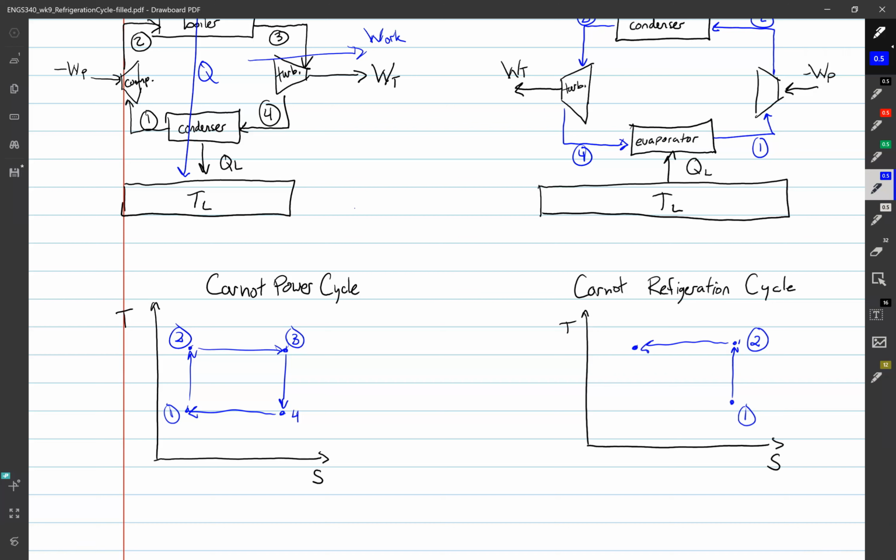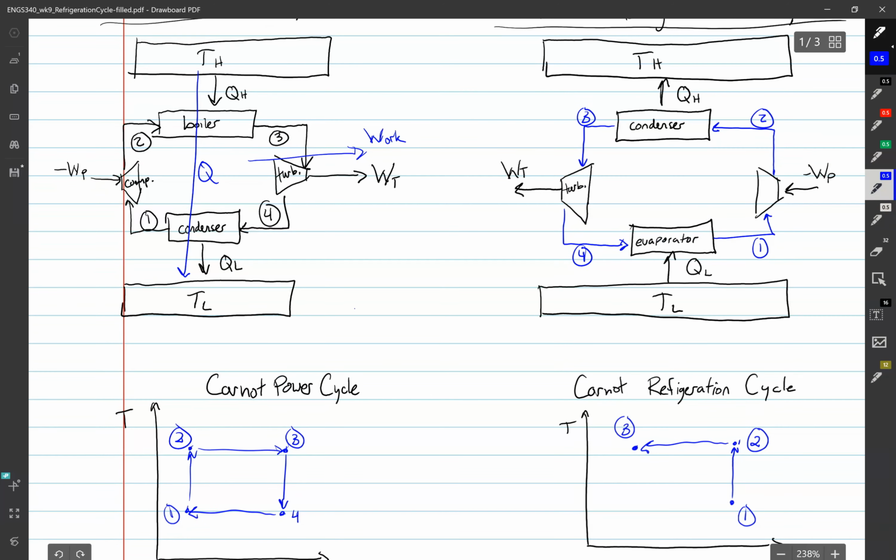We stay at the same temperature, but we're reducing the entropy because we're losing heat. In this case, we're losing heat, QH, to our high temperature surroundings. Then we go through our turbine here at 4, and then back over to 1 through our evaporator.